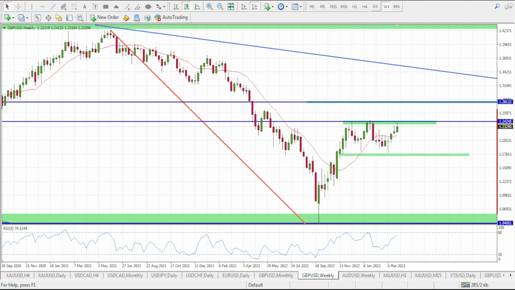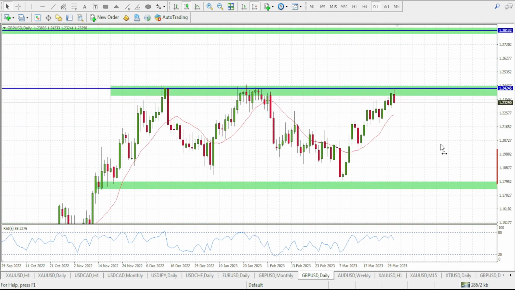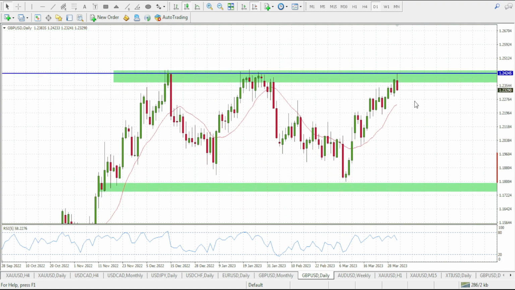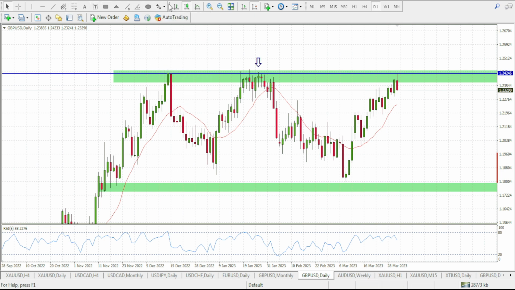So now let's move to the daily time frame and see. Very nice and perfect rejection from this level. And not just once it reverses from here, but this is the third time.